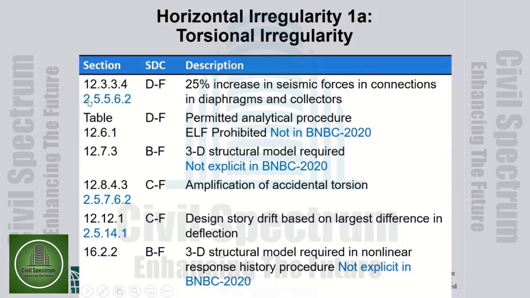It is also in 12.5.5.2, Chapter 2 of ASC 7 of BNBC. Okay, so in BNBC it is in two places, 17.3.8 or whatever the section that we read, and in 12.5.5.2, same thing is said. 25% increase in seismic forces in connections and diaphragms.